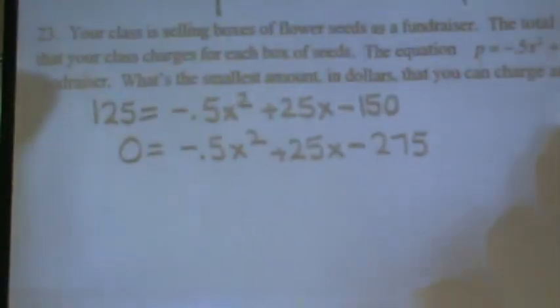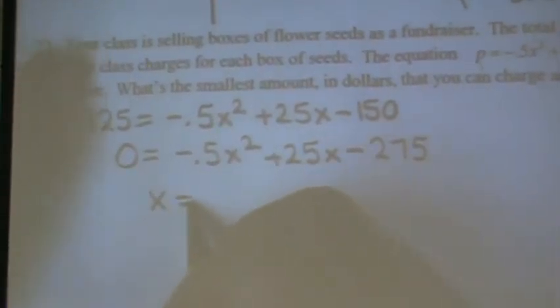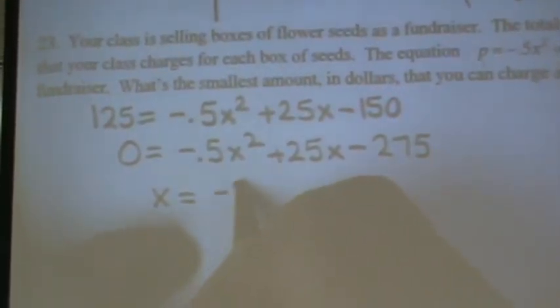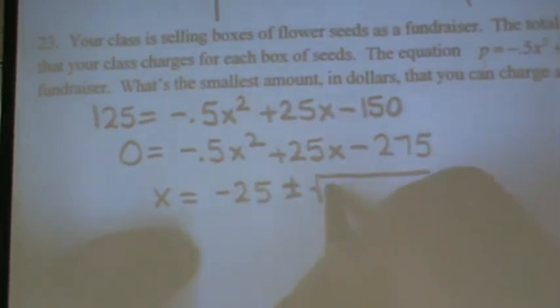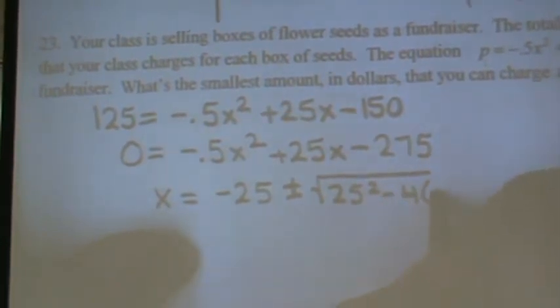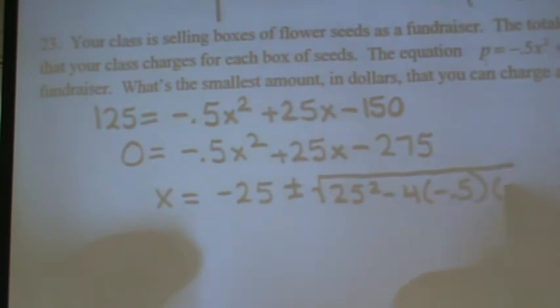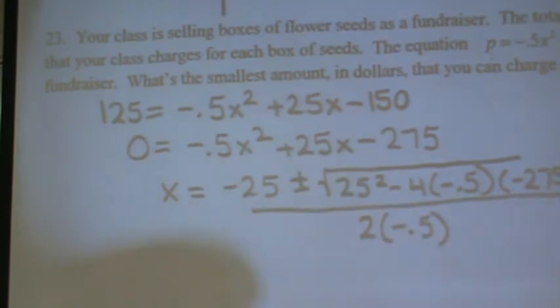So using the quadratic formula, we have x is equal to the opposite of b, so negative 25 plus or minus the square root of 25 squared minus 4 times negative 0.5, we definitely want a calculator, times negative 275, all over 2 times negative 0.5. Okay, so let's do this little by little.